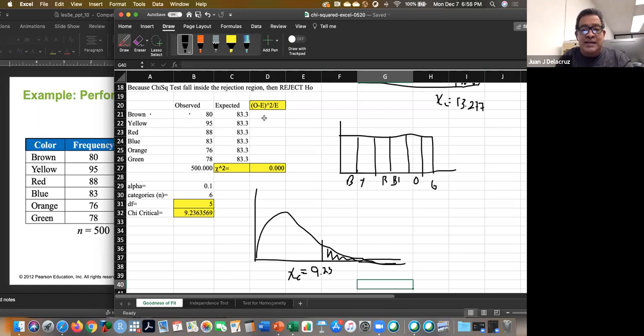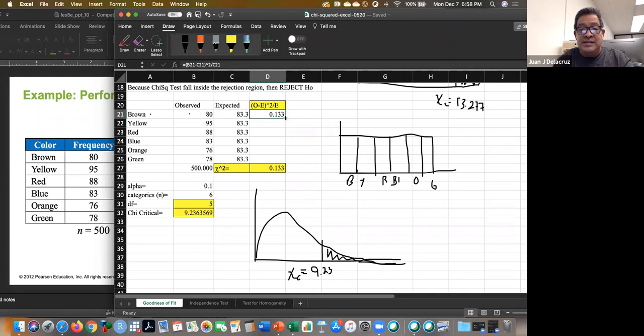So in this case, once again, I'm gonna build my formula: equal, open a parenthesis, then the observed minus the expected, close parenthesis, squared, divided by the expected, okay? So we have a value.